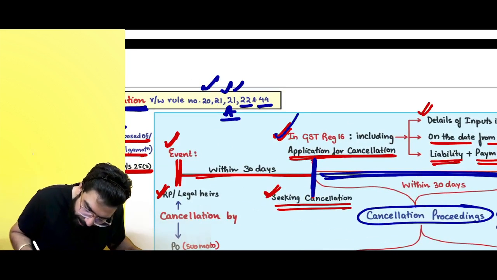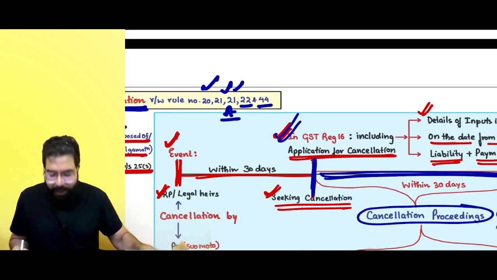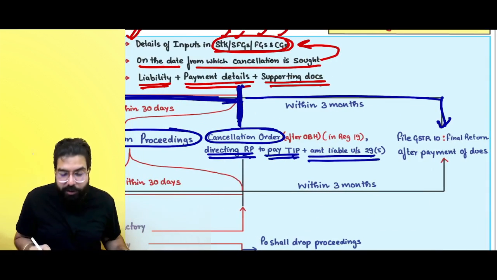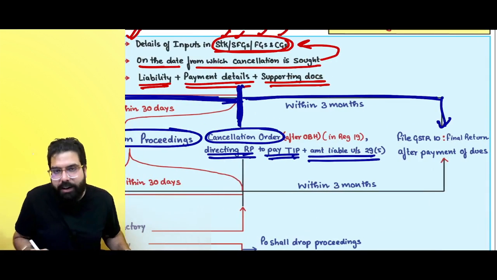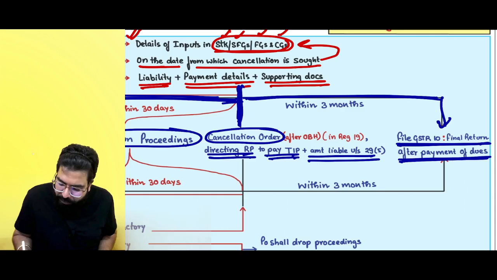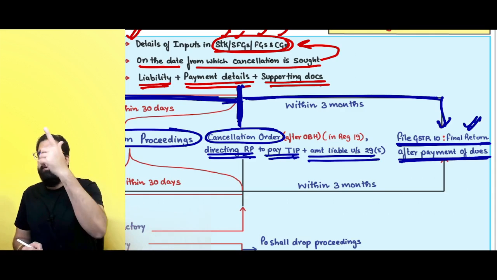If you had done the payment here, then you don't have to pay again. If you had not made the complete payment, then once the cancellation order is issued, you will be given 3 months to file your final payment. Whatever dues are there, you can pay along with the final return.